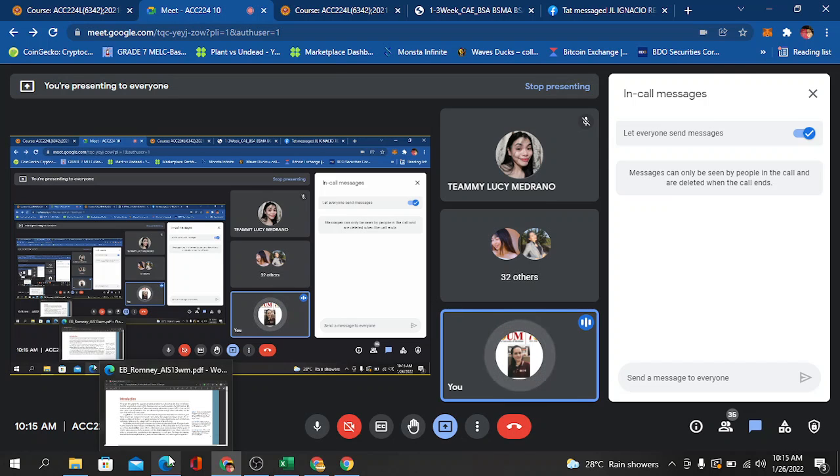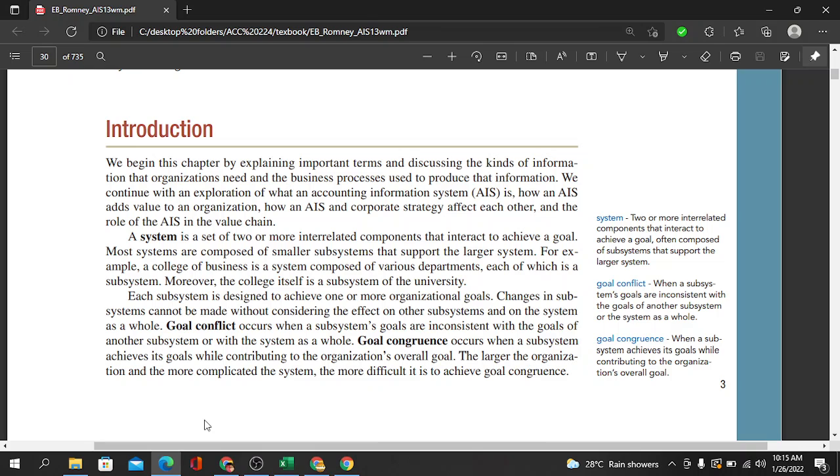So, we have Bilagantol. Other answer? Same with Miss Timmy, ma'am, that AIS is important in a business because, to sum it all, it organizes the data to information.